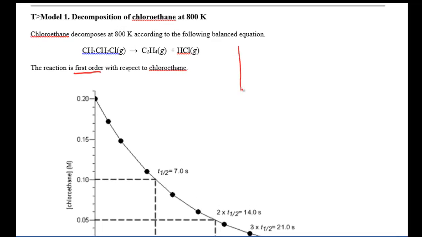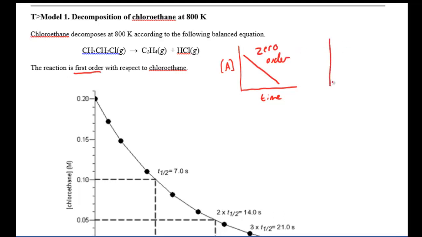Just to recap some of the things that we saw for integrated rate law graphs: if we monitor the concentration of A, let's say representing some chemical like chloroethane, as a function of time, and if you get a straight line, then you know that you're dealing with a zero order reaction.